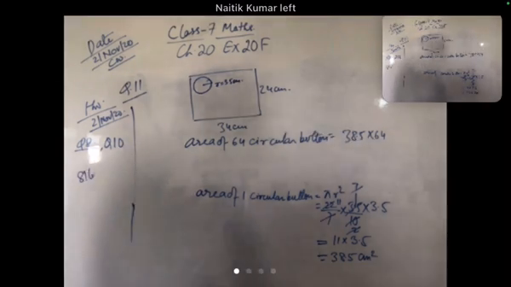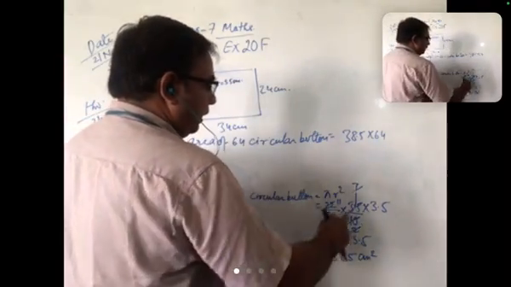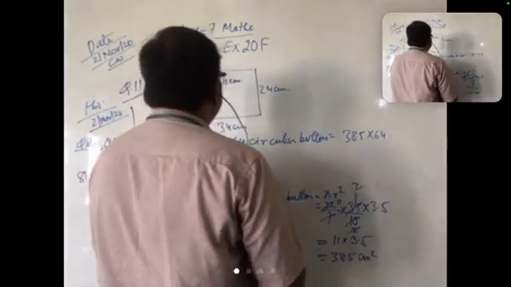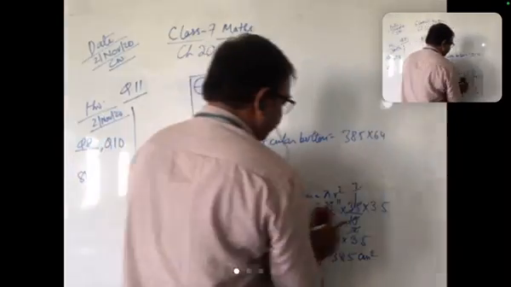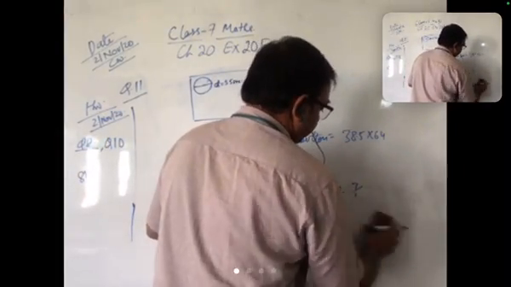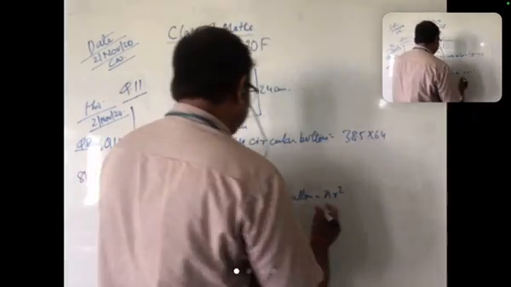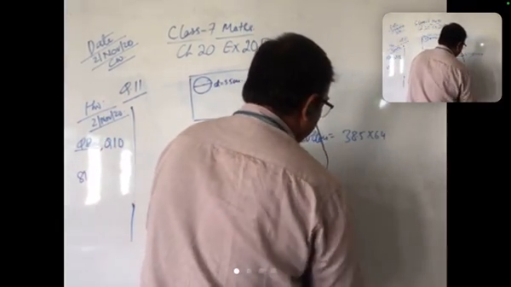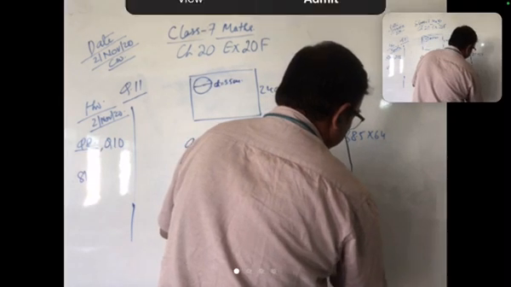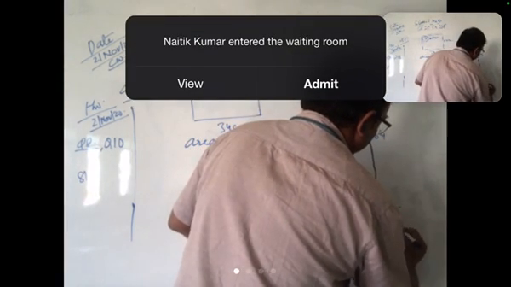Okay, there is a mistake, no problem, it's a small mistake. This is the diameter, not the radius. Sorry, I misread. So it will be pi, 22 upon 7, just half it, 3.5 upon 2.